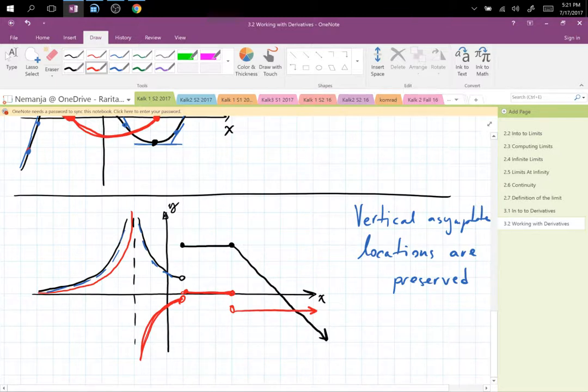So I hope that your derivatives looked like this once you drew them. And this type of analysis is very important, because it gives you information on how quickly things change.